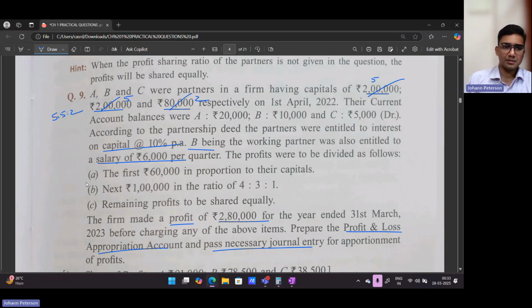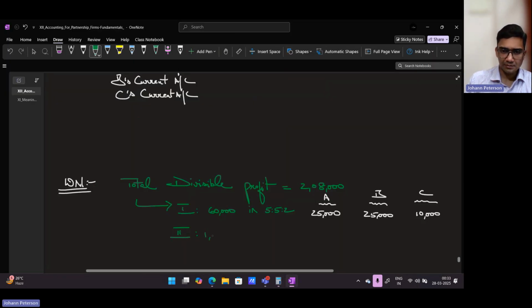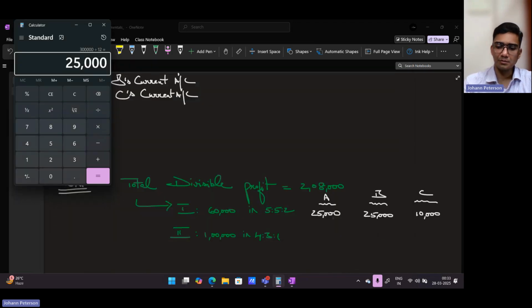It says next 1 lakh in the ratio 4 is to 3 is to 1. So put 1 lakh here now in 4, 3, 1. Again, the same way to divide. So 1 lakh into 4, 4 plus 3, 7, and 1, 8.